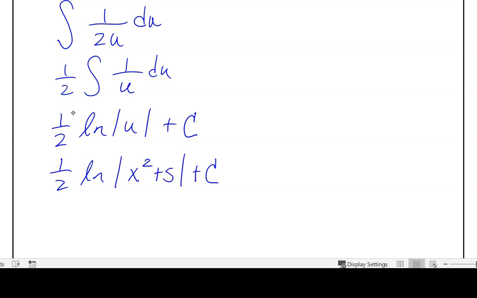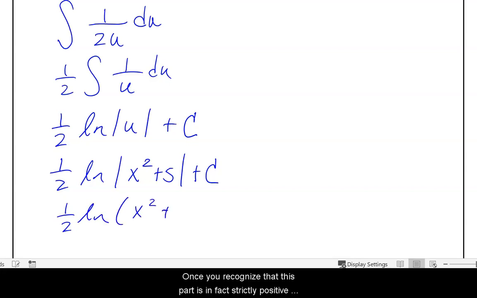In this case, x squared plus 5 can't possibly be not positive, so you could replace the absolute values with parentheses, but you cannot drop them entirely because all of this expression is inside the argument to natural log. You could also write it in a slightly different way.